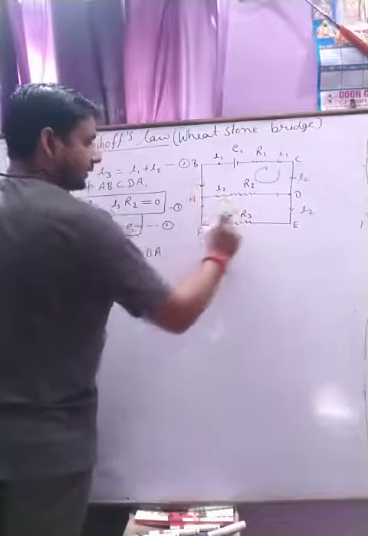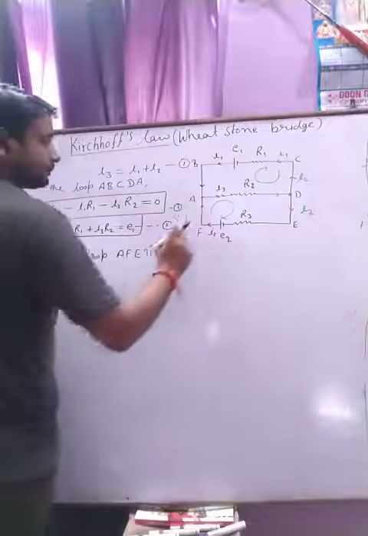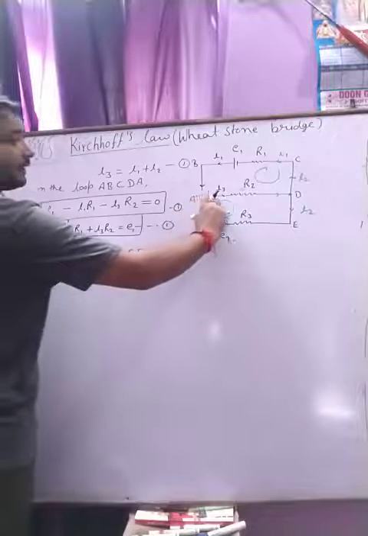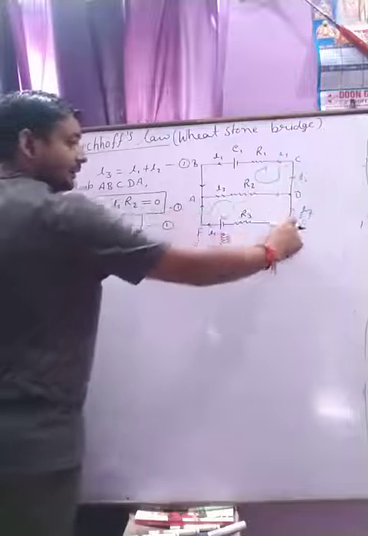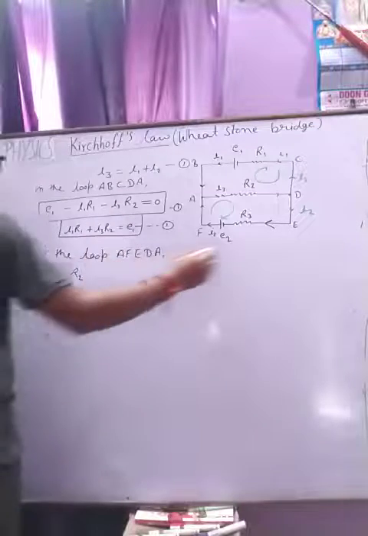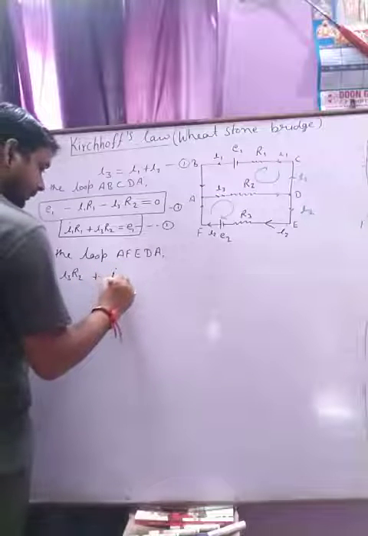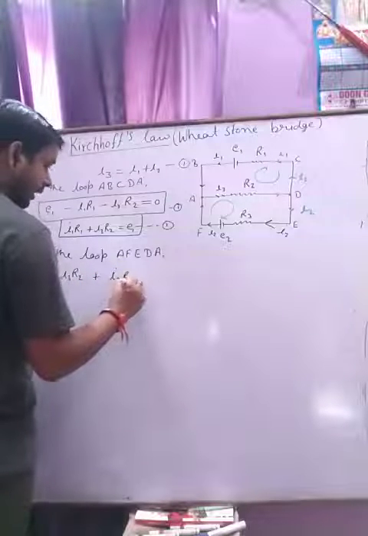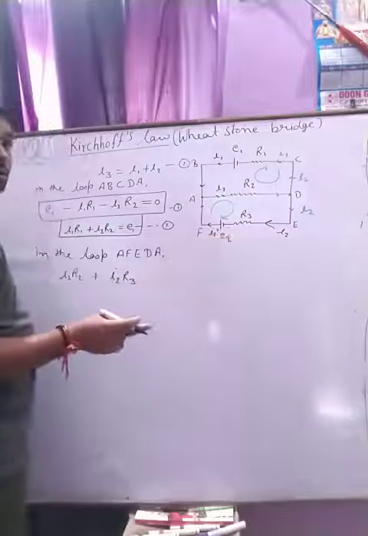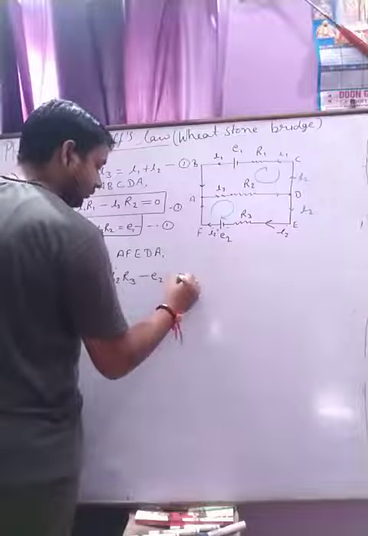Students, we go this way because our calculation direction is clockwise, so we will cover it like this. So plus I3 R2 in the direction of current, then moving in the branch E to F, again in the direction of current, therefore plus I2 R3, and then we move from negative terminal to the positive terminal, so the EMF is negative, that is minus E2 equals 0.